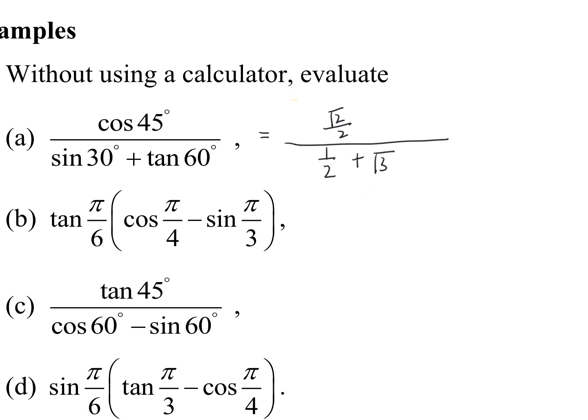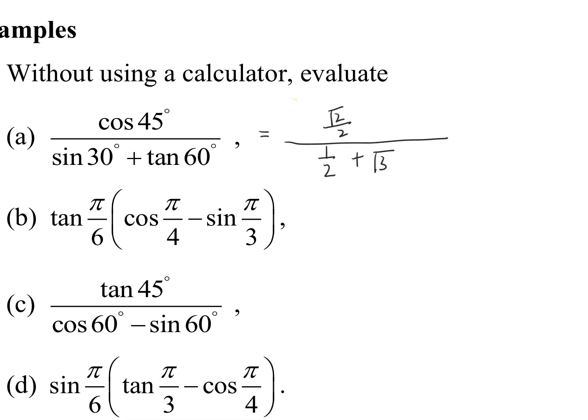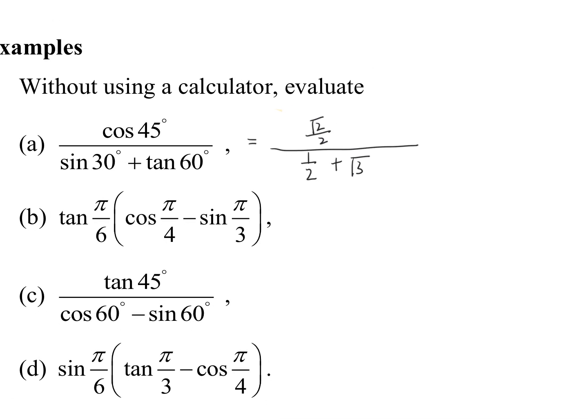Okay, so once you have this, isn't it 1 over square root 2? I thought cosine 45 is 1 over square root 2. Yeah, but that is the rationalized form. So what you can do to simplify the problem is multiply by 2 for both numerator and denominator, so I can get rid of the fraction.